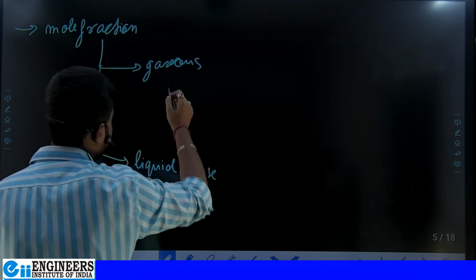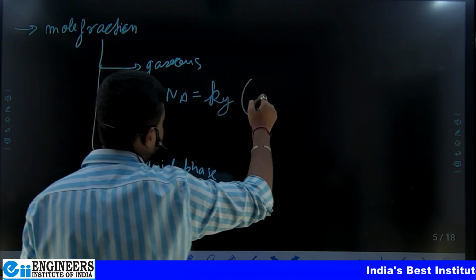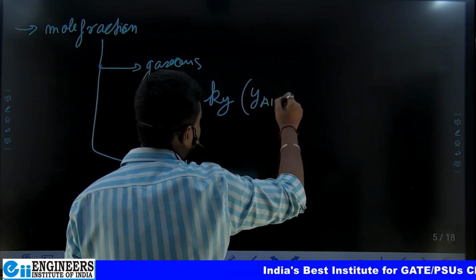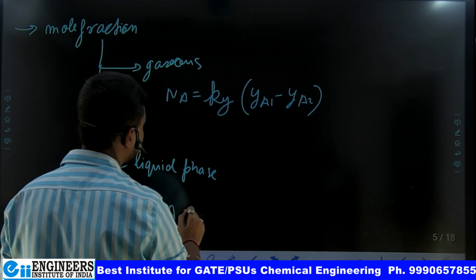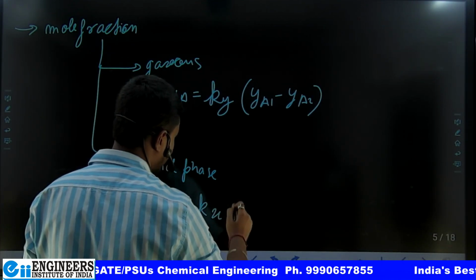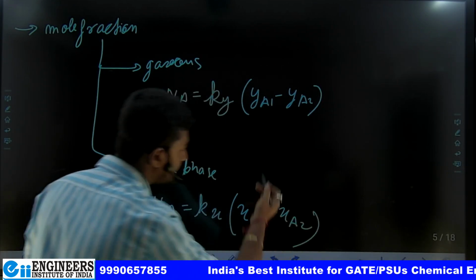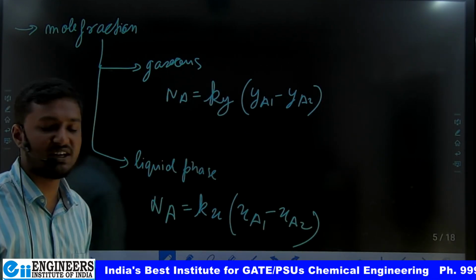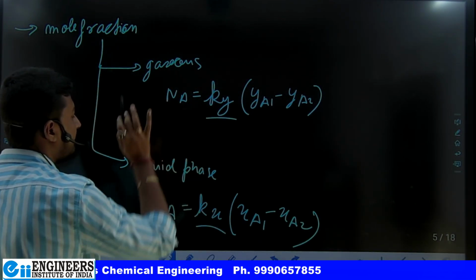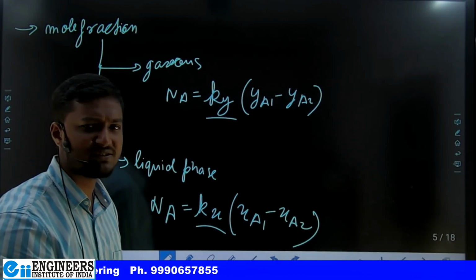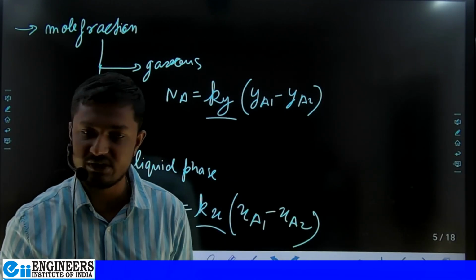If it is gaseous phase, then our flux Na is equal to Ky into Ya1 minus Ya2, and in the liquid phase our Na is equal to small kx into Xa1 minus Xa2. It is very clear that because mole fraction has no unit, the unit of the mass transfer coefficients Ky and Kx will be the same as the unit of the flux.